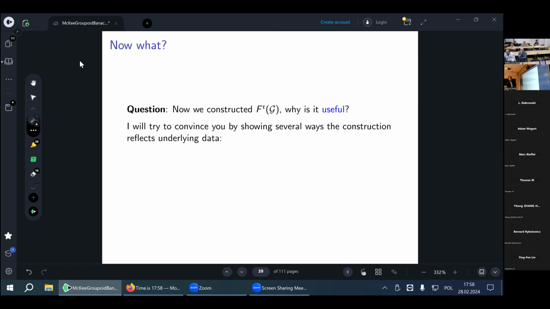So I want to persuade you that this is a useful thing to attach to the groupoid. The way I'll try to do this is to show you that we can find some information about the groupoid inside this algebra in different ways. So one thing is, I showed you that inside the groupoid is this inverse semigroup action.